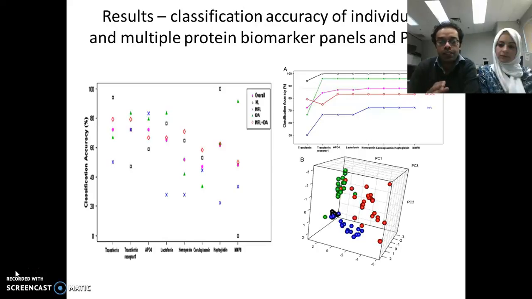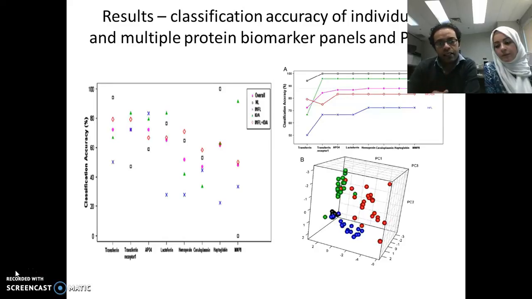Among these three proteins, transferrin actually reached the highest performance within a group, 94% in the normal group, and in general, there is no single protein classifier that outperforms all others within all groups.